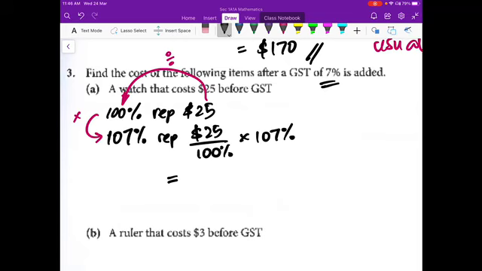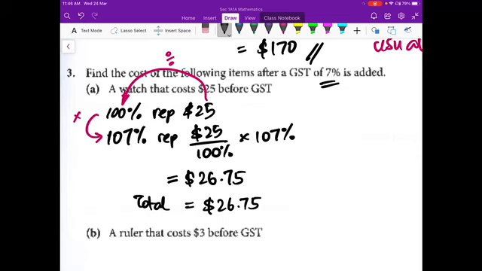Okay, and the value is 26.75. Then one statement. Okay? So this is the alternative working.